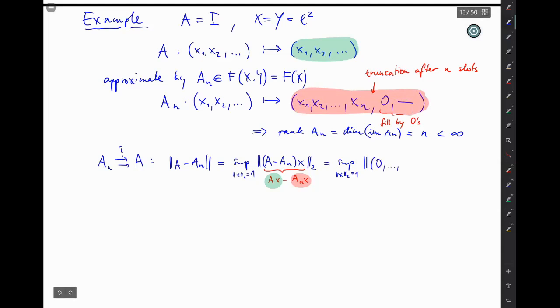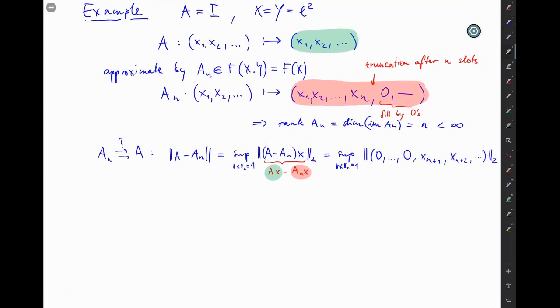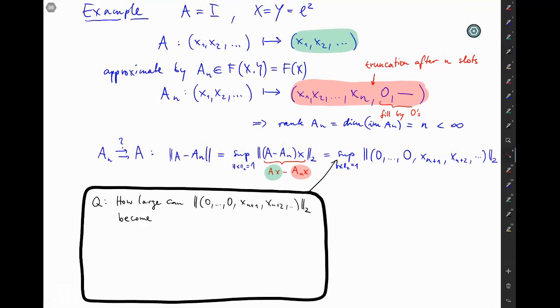The first n components cancel, and then you get the other components of x. Good. So for the computation of this supremum here, you just have to ask yourself, how large can this norm become if that norm is limited to 1?